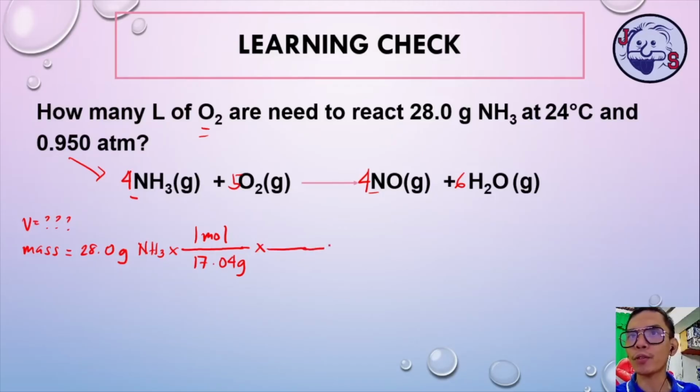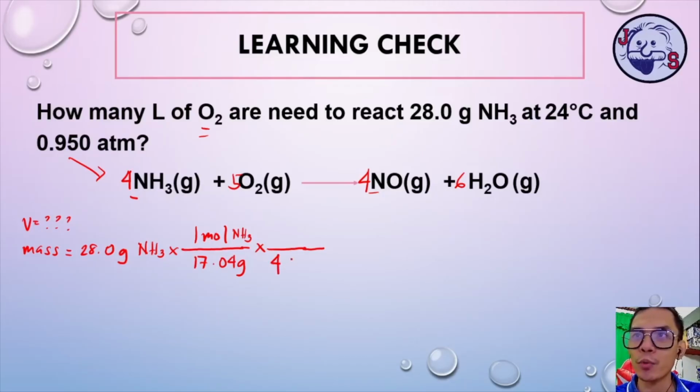Multiplied to, since moles of oxygen and liters of oxygen is what we need here. So this is NH3, so mole of NH3. Then using the chemical equation, we can plug in the number of moles of NH3.